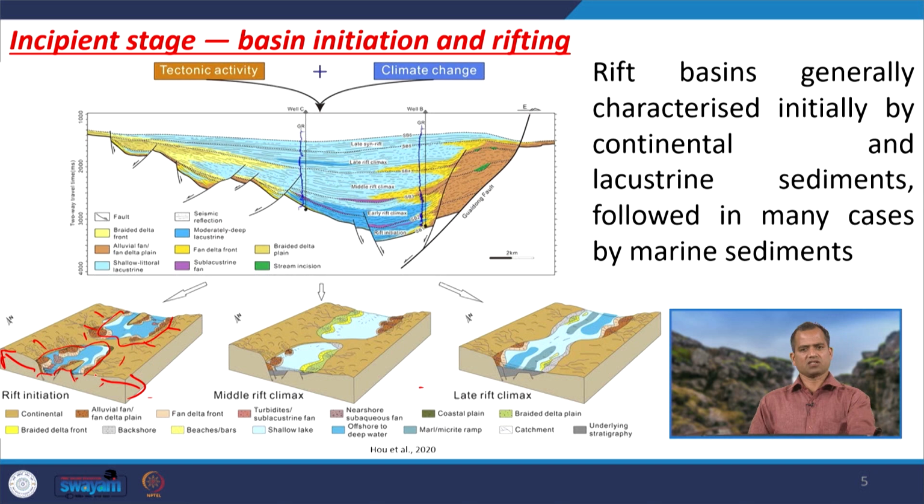So we have lacustrine sediment. In this stage it may happen that evaporation is more than sedimentation. In that case, what will we get? That is evaporite deposit. So we have sedimentary basins, mostly small lakes.